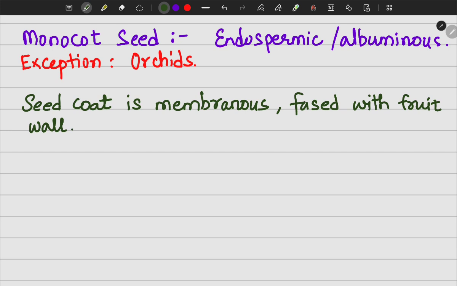So we can say that the fruit is not very fleshy, there's nothing of the fruit wall there, just the seed coat and the embryo present inside it. And then there will be endosperm, right?